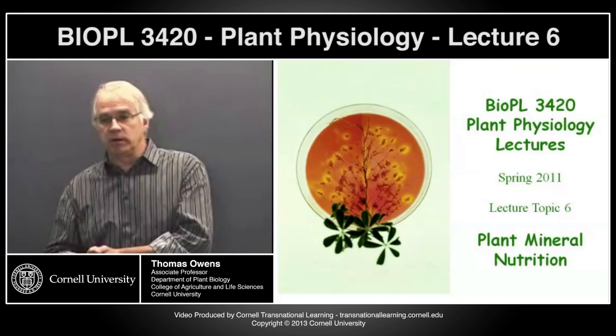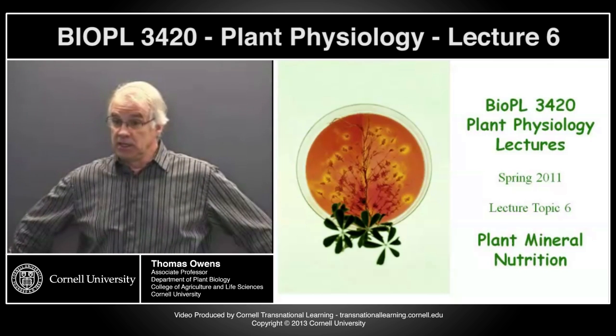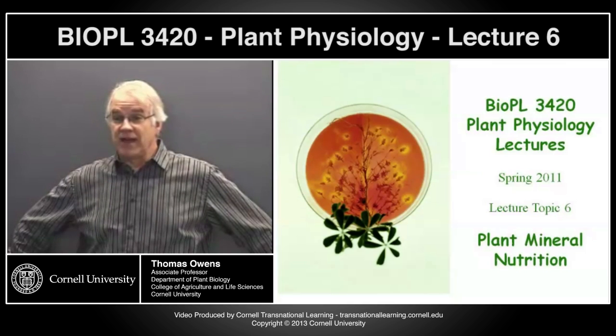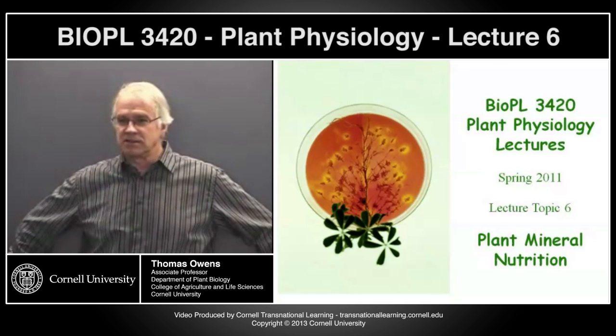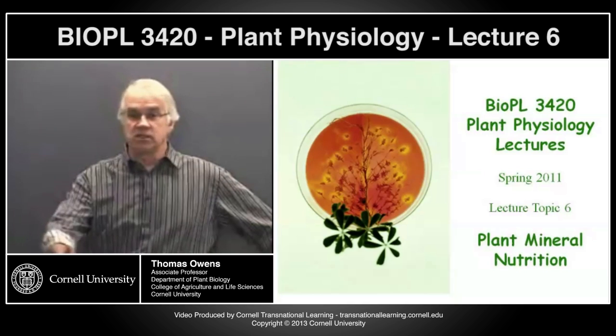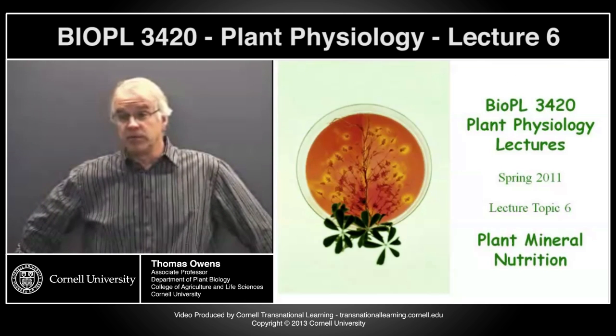So understanding what the plants need and how they get it from the soil and how much is available is really important. The other end of the story is one of our biggest problems in how we affect our environment is the fact that when we add fertilizer to the soil, more of the compounds that we add end up other places besides the plants. So fertilizer that we add to soil, a lot of it gets leached out and ends up in groundwater, it ends up in runoff.